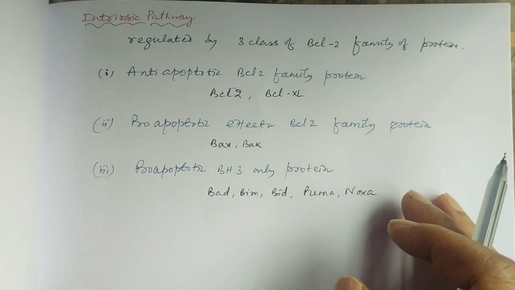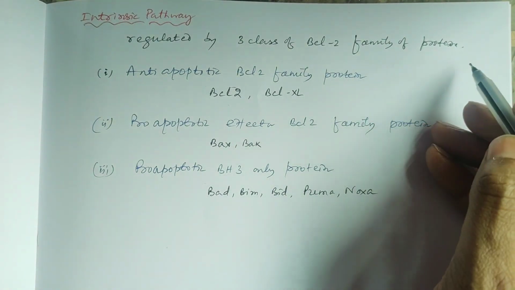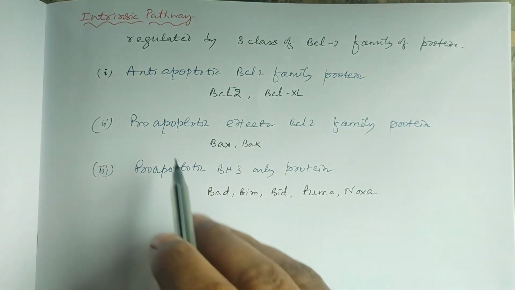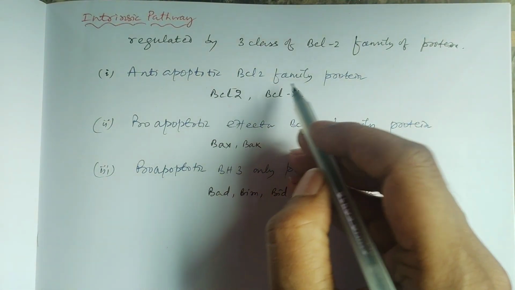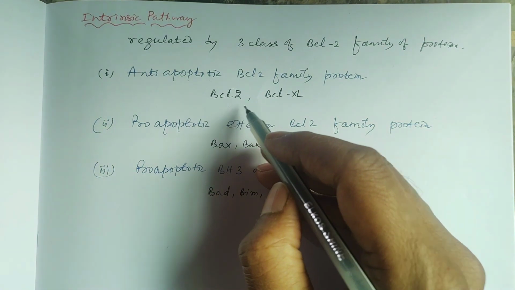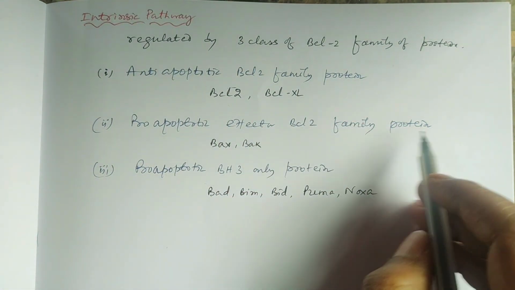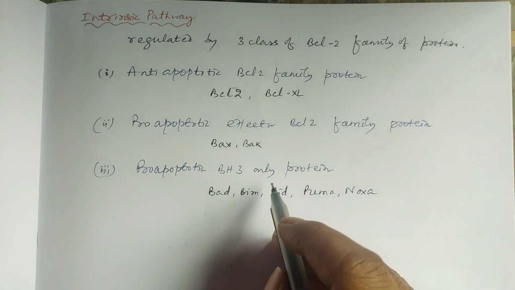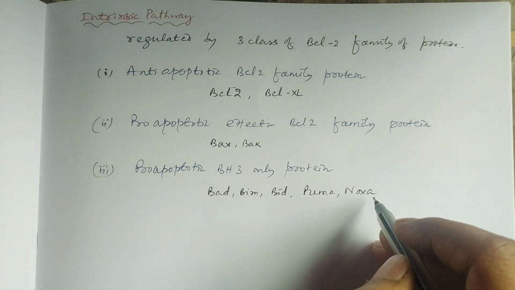The intrinsic pathway is regulated by three classes of BCL2 family of proteins. One is the anti-apoptotic family and two are the pro-apoptotic families. The anti-apoptotic BCL2 family proteins are BCL2 and BCL-XL. The pro-apoptotic effector BCL2 family protein is BAK, and the pro-apoptotic BH3-only proteins are BAD, BIM, BID, PUMA, NOXA.